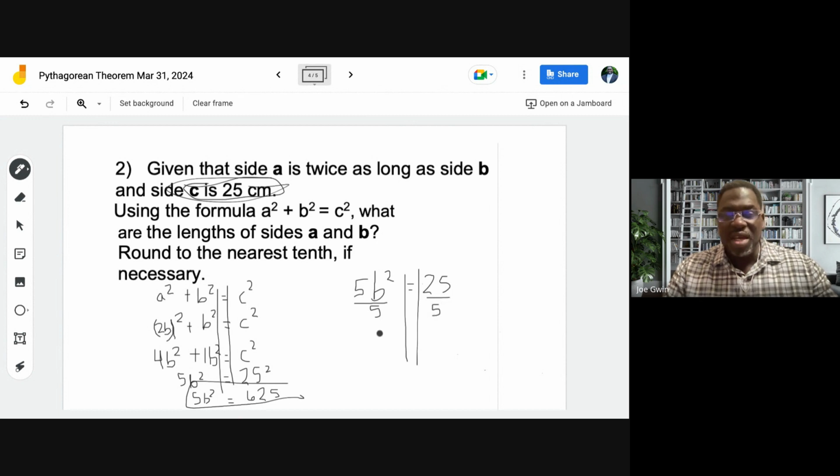When we do that, these cancel: 5 divided by 5 is 1, and 1B squared is just B squared. Equals, oh, this should have been 625. Sorry about that. 625 divided by 5 is 125.